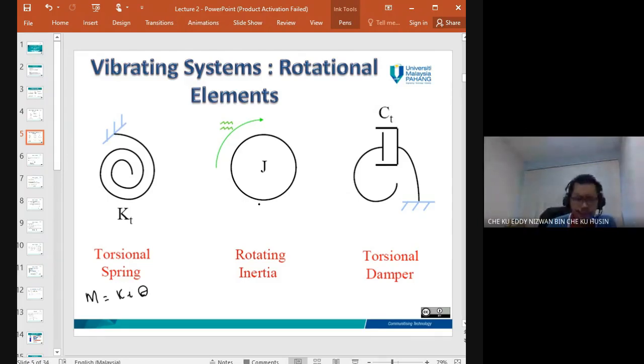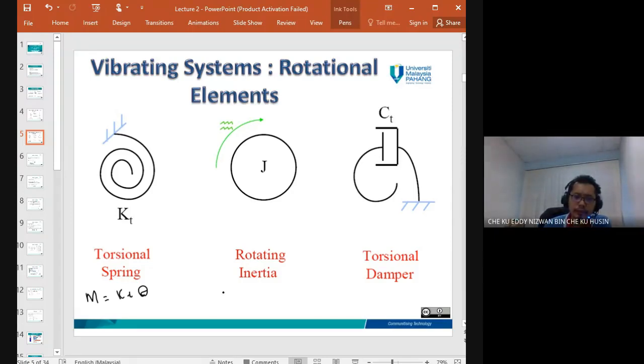And this one is inertia. For inertia we use the mass moment of inertia as the parameter to determine the rotating inertia.